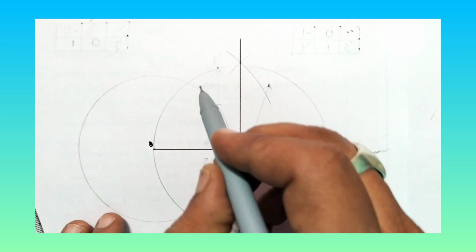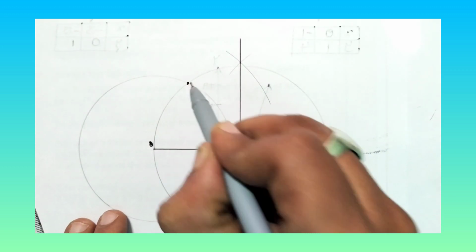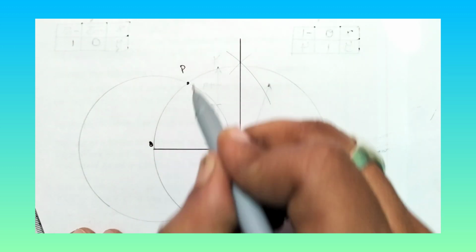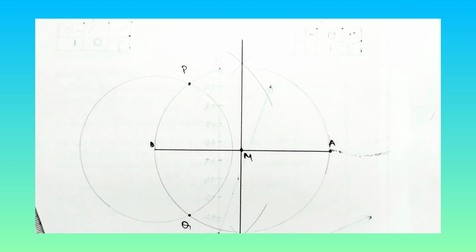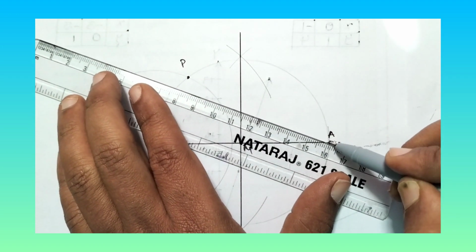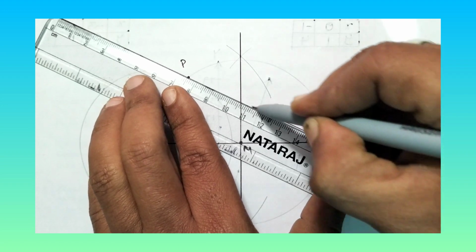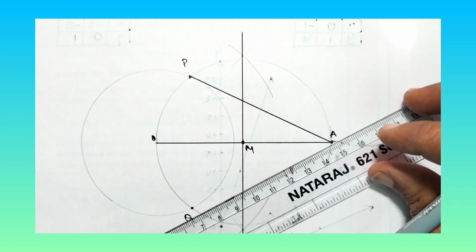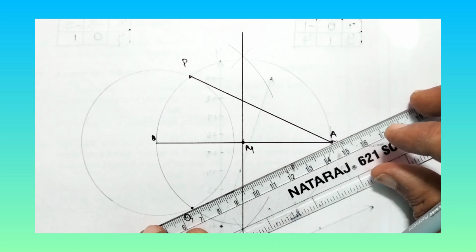So like this we have to draw one circle. Now you see where the two circles meet each other, you call this point P and this point Q. Now join P to A. This PA or AP is the tangent, and draw one more tangent, that is AQ.